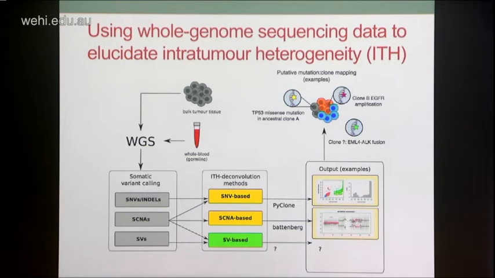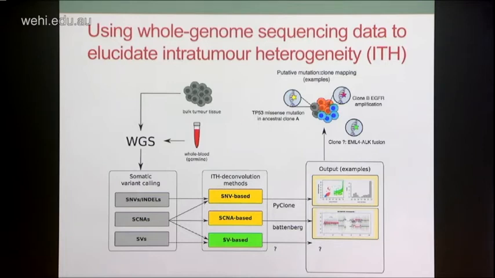However, if you're looking at structural variation, particularly balanced rearrangements, so let's say you've got this EML4-ALK fusion that you found in your sample, and then you know by running your heterogeneity analysis that you've got some clonal mutations such as TP53 missense, and then you've got EGFR amplification, which you've correlated with clone B. However, because this fusion is caused by balanced rearrangements, you really don't have any methods available in order to figure out which clone this comes from.